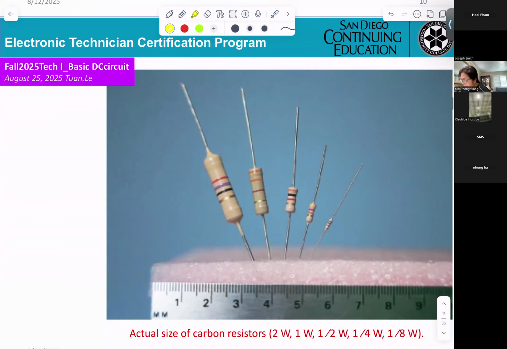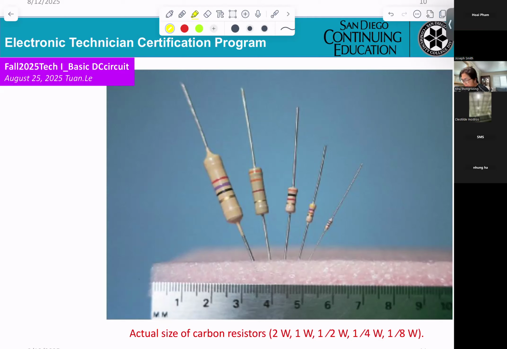And now they've given you different sizes of resistor. Big size will be 2 watt, second 1 watt, half watt, quarter watt. That's only telling you a small resistor can't handle much watts.